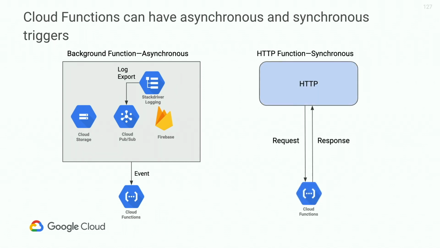On the other hand, the other example here is what we call HTTP functions. These are the synchronous functions compared to the asynchronous functions, which are background functions. An HTTP function can be invoked directly by calling the HTTP request. Basically, you can just serve a request and give a response.